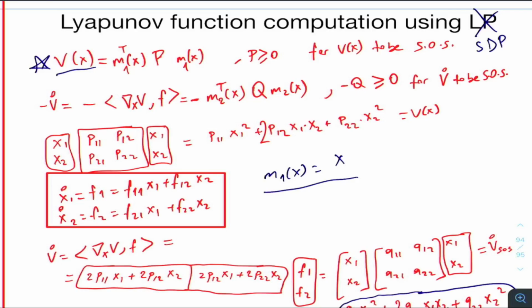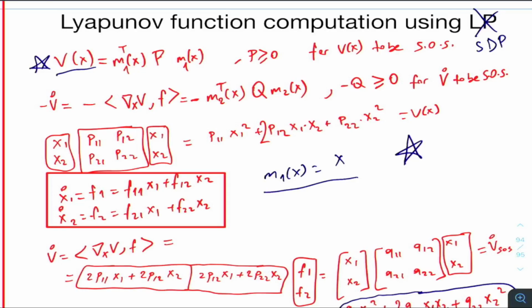And by the way, if you are trying to prove that your system has a Lyapunov function, meaning your system is stable, before that you should run a bunch of simulations, and you should see that the convergence is occurring.